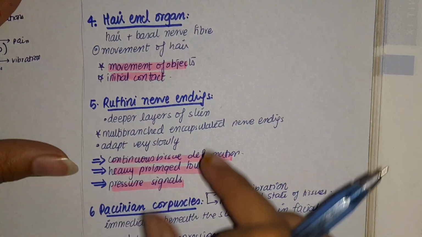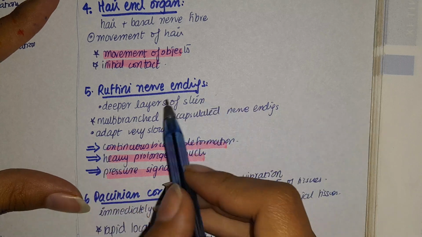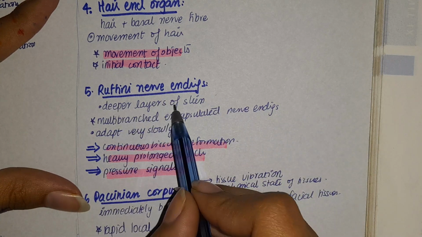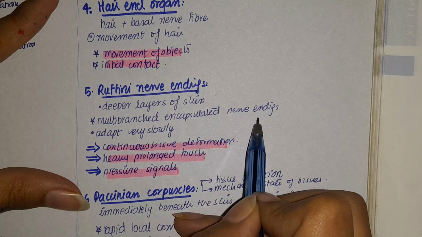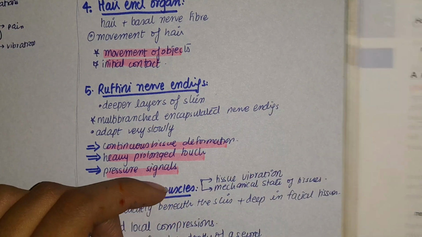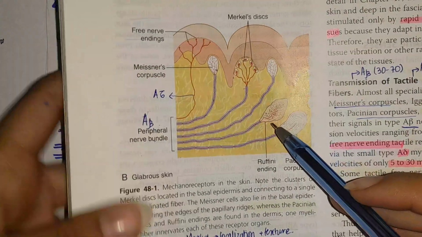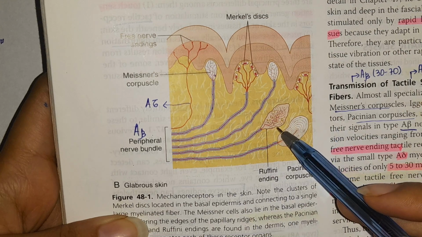Then we have two others, Ruffini and Pacinian corpuscle. Now this Ruffini nerve ending is present in the deeper layer of the skin. It is a multi-branched encapsulated nerve ending, very similar to the Meissner corpuscle. This is the Ruffini ending, which has multiple branches and is an encapsulated nerve ending.